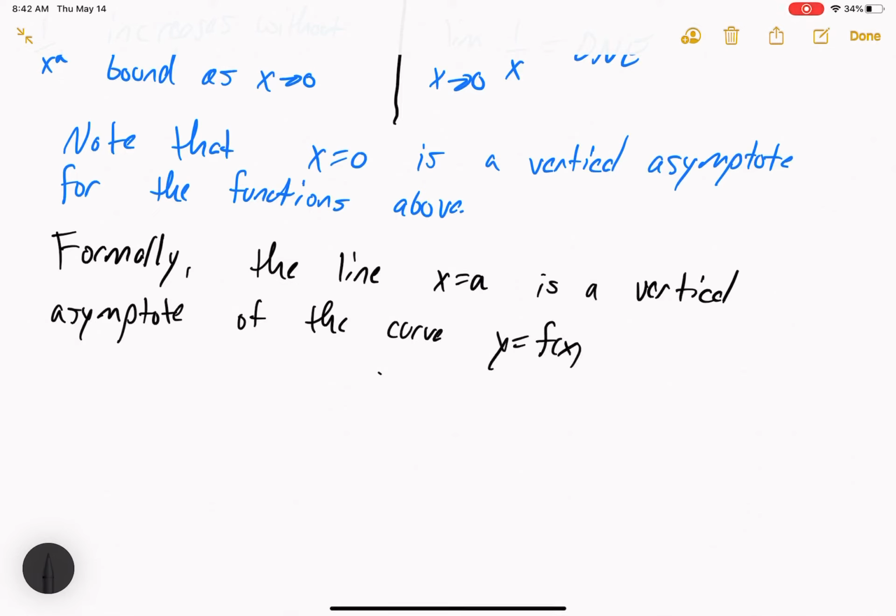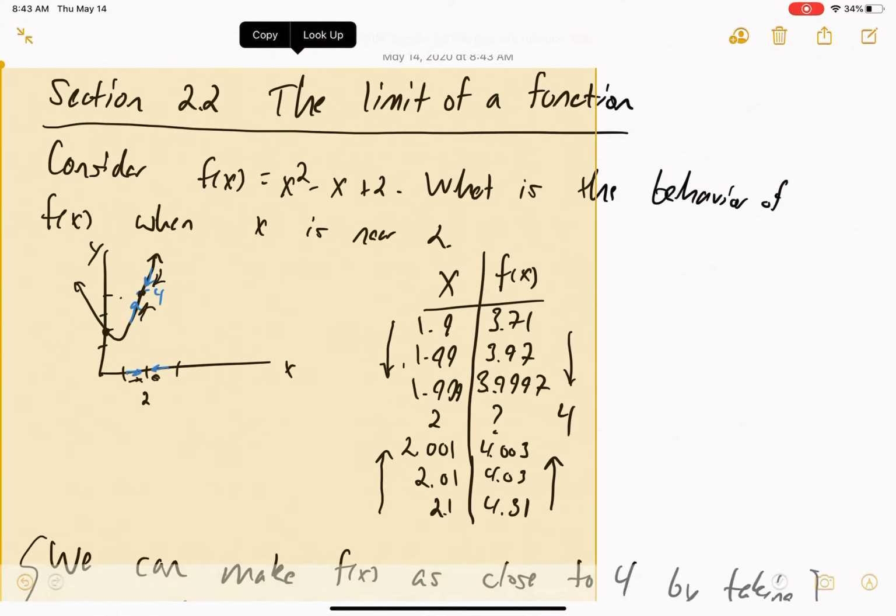It could be y equals f of x, or just an arbitrary function. It doesn't matter how you write it, as long as you're clear about what you're saying. We say a function has a vertical asymptote if at least one of the following is true.